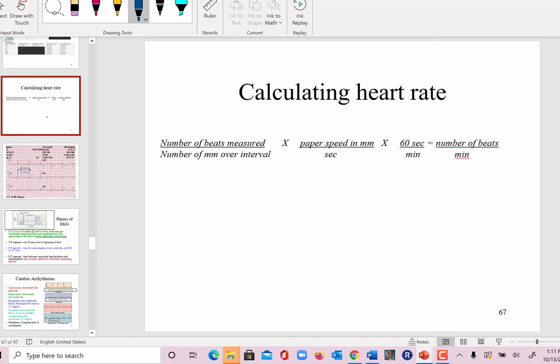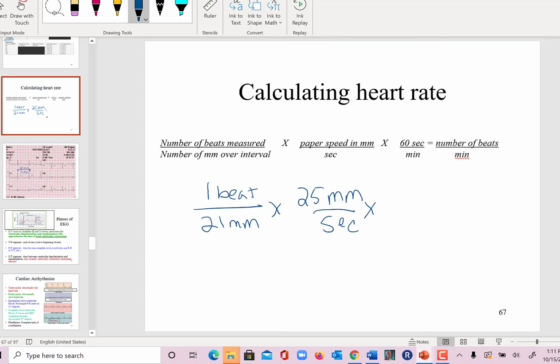If I fill that in here, the number of beats measured, I measured 1 beat. I had 21 millimeters for 1 beat. My paper speed, according to the picture, is 25 millimeters per second, and there are 60 seconds in a minute.